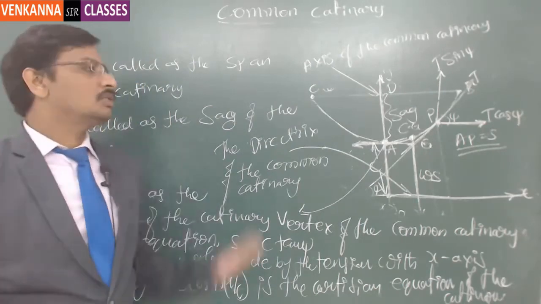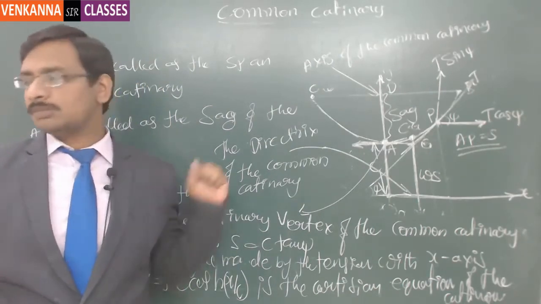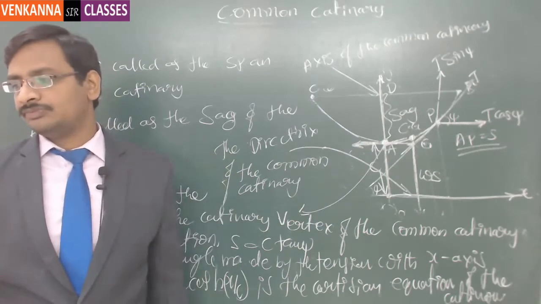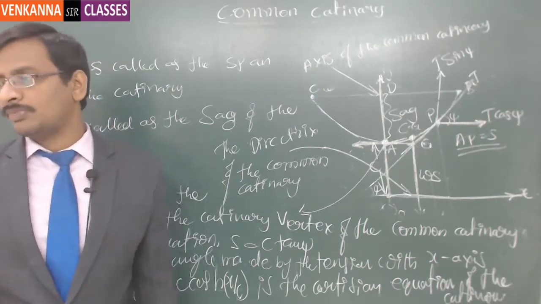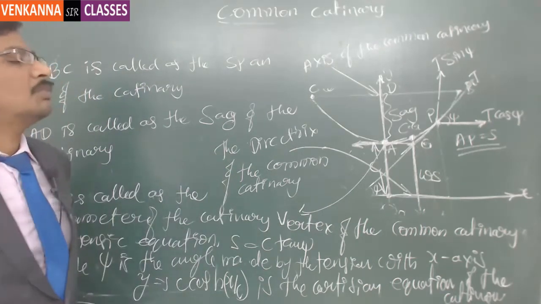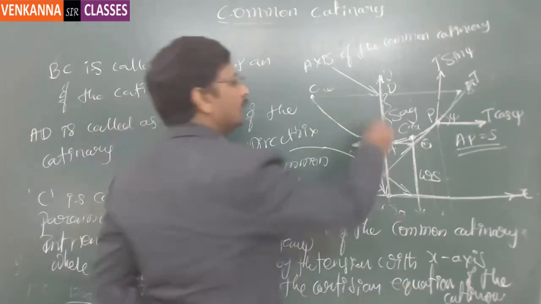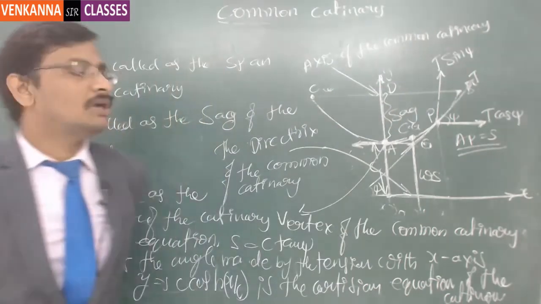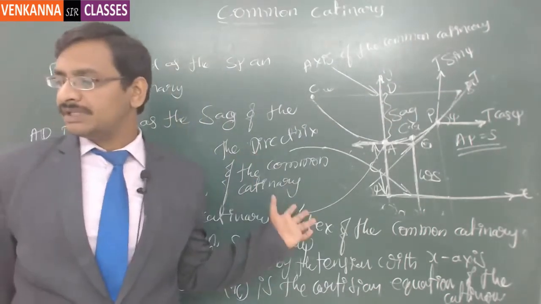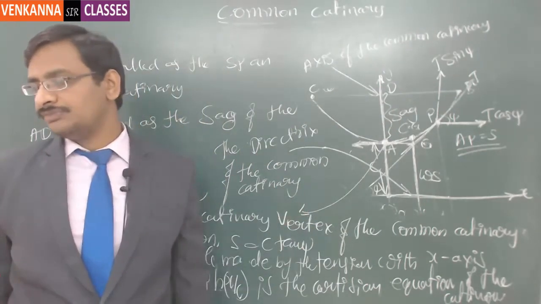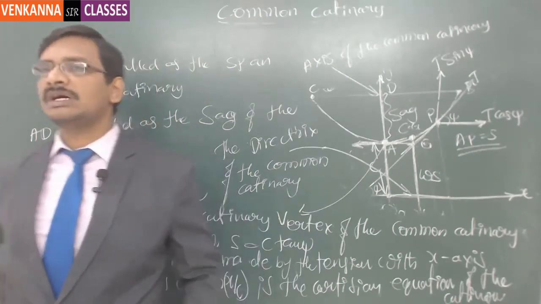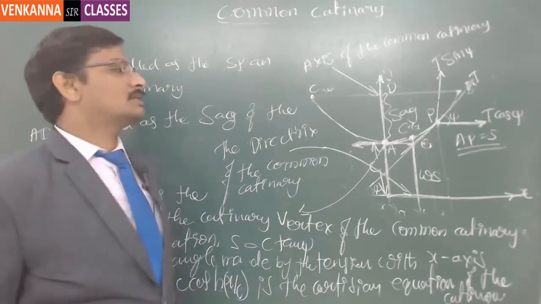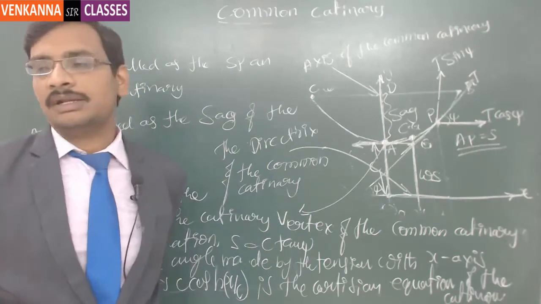After that, we will be left with only a few problems on this topic. This is a small topic. Most of the time he asks us to calculate the span or sag. Sometimes he asks us to derive the intrinsic equation and the Cartesian relation. These are the ways questions are going to be asked on the common catenary.